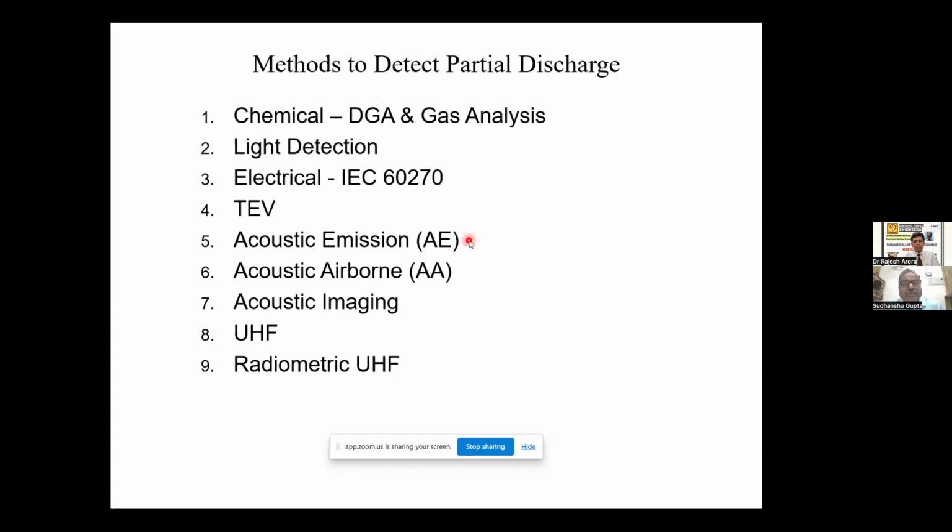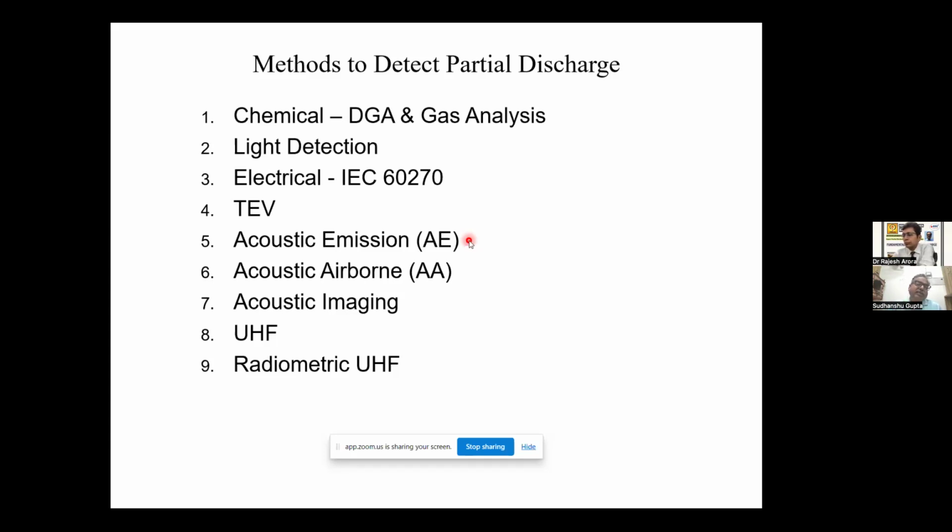acoustic imaging. Acoustic imaging is the latest and most recent development in the field of partial discharge. Here we have many sensors, say 64, 100, 132 sensors, depending upon the application, and it makes a cluster and superimposes on a visual image.